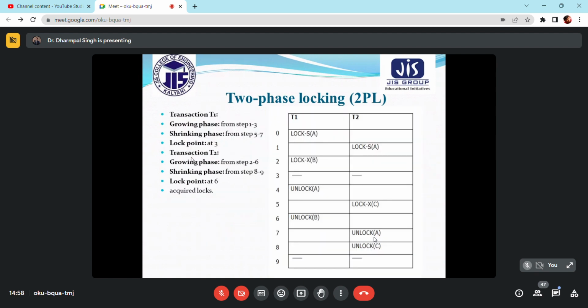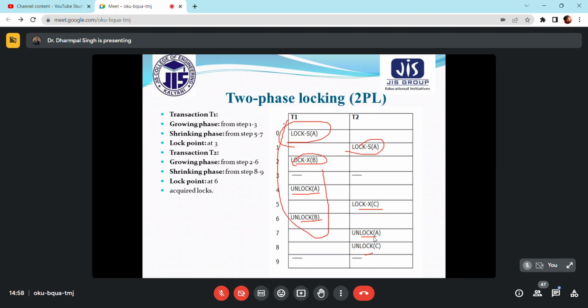So this is an example of the two-phase locking protocol. In the schedule, the transaction does lock shared, lock exclusive, unlock A, unlock B, lock C, unlock A, unlock B. It means that suppose the lock is held by some other transaction in this phase.